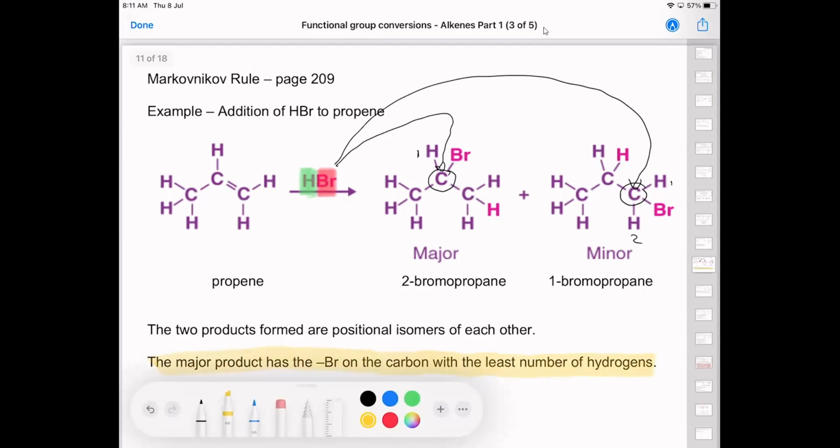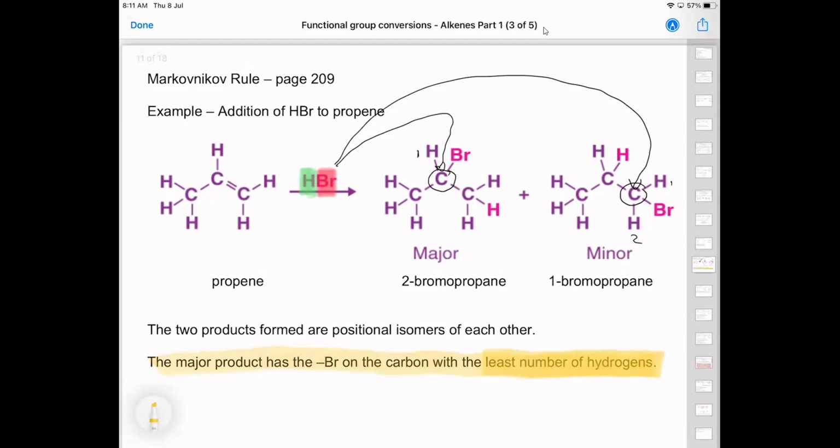So, by the rule, would you agree with me that the middle one would be the major product? Thumbs up. Yep, good. Everyone happy with that? So that's what they mean by Markovnikov selection. You would get both of those products, but the one on the left-hand side, the 2-bromopropane, would be the so-called major product.